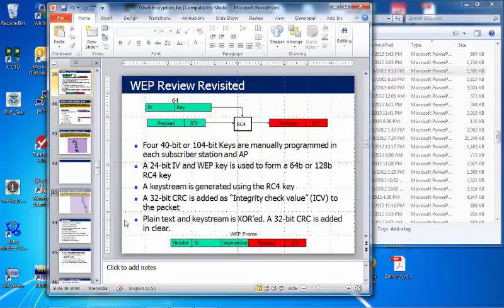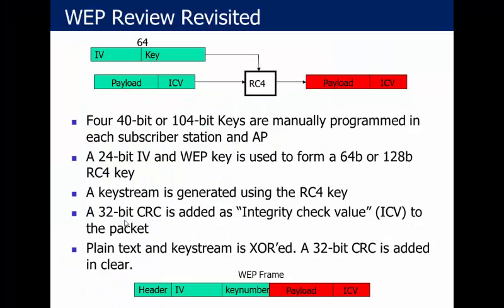Okay, a few more slides. So WEP. What happens here is that we have initial vector and key. Key usually given 40 bits, and the initial vector 24 bits, altogether 64 bits.